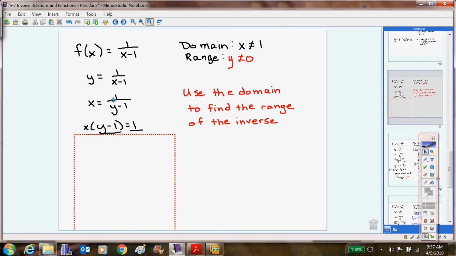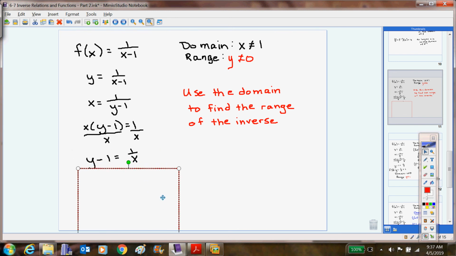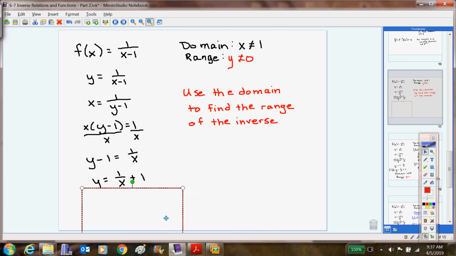To get rid of the denominator, multiply both sides by y minus 1, which puts the y minus 1 in the numerator. Then divide both sides by x, so you get y minus 1 equals 1 over x. And then our inverse function comes out as 1 over x plus 1.